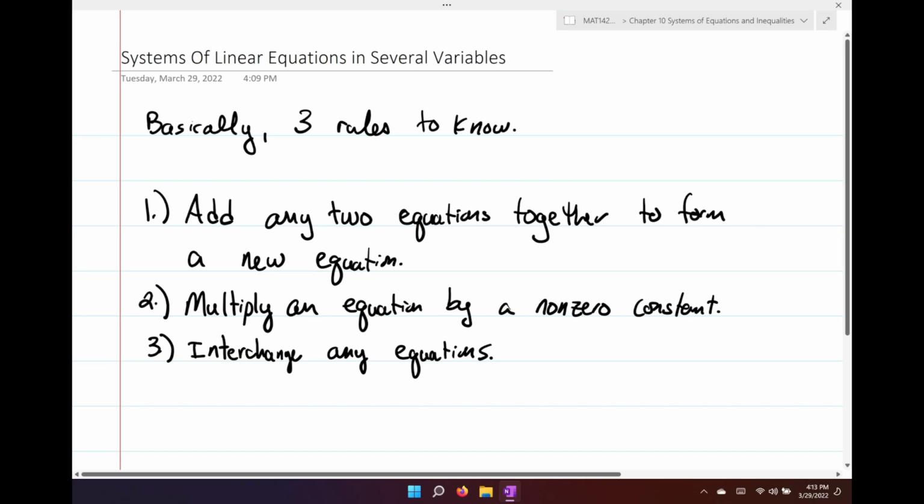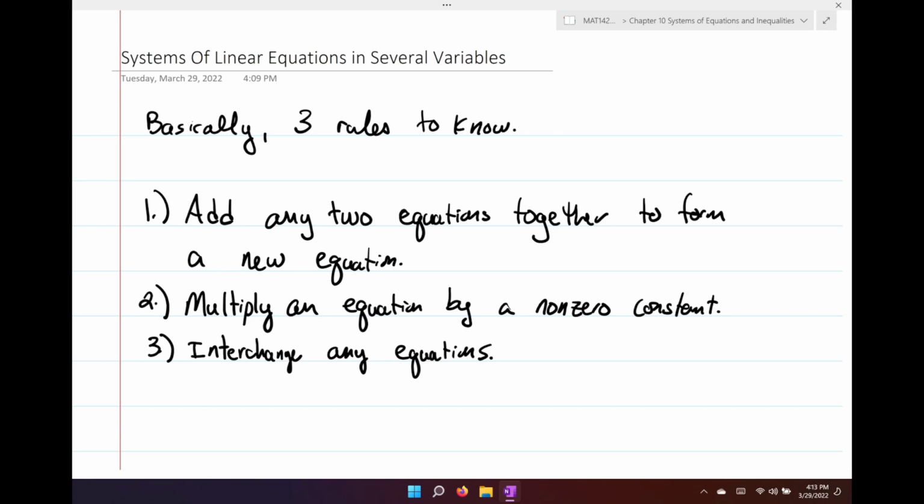All right. Now, in the sense of solving a system of 3 equations, it's actually not that difficult. And sometimes you may be doing one of these rules or 2 of them, or maybe all 3. It all depends on what you're looking at.